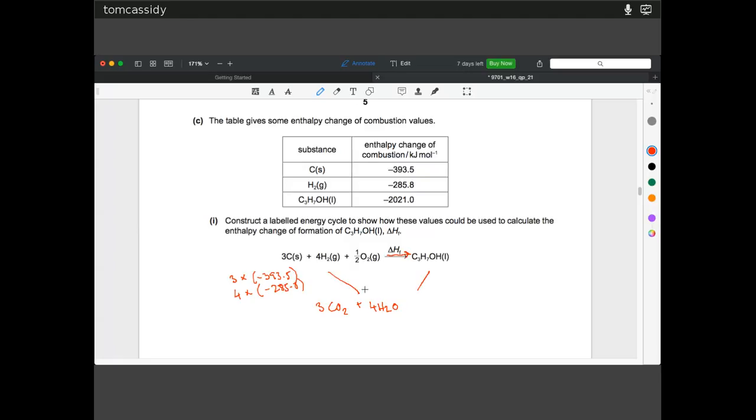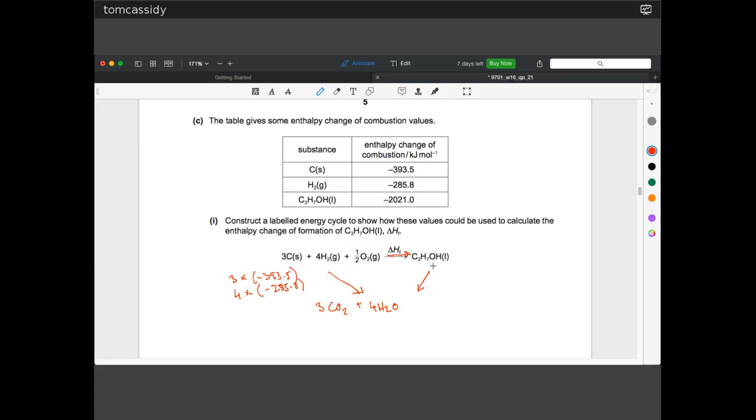And so we've got that step there. And we've got the enthalpy of combustion of propanol over here. So that's giving us, if you completely burn propanol, you end up with this amount of carbon dioxide and this amount of water.